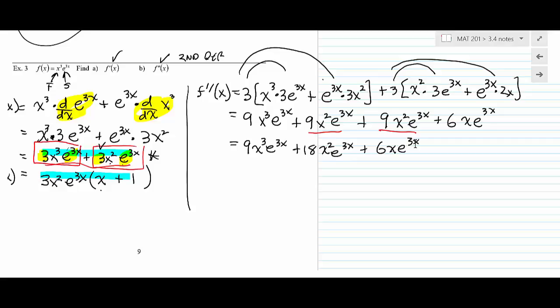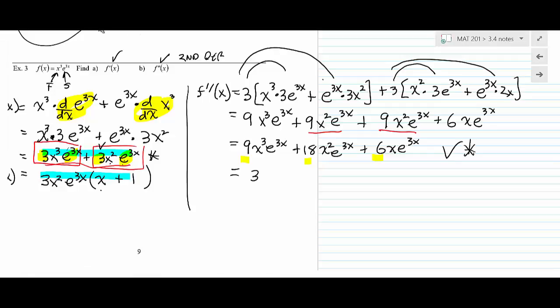Now what I would do from here is you could actually factor some stuff out of this now. And you could take the answer. The answer there is okay actually. You could stop there. But I like to get students to factor because it prepares you for what we do later. So if you look at this, the factoring, first of all, what would you use for 9, 18, and 6?